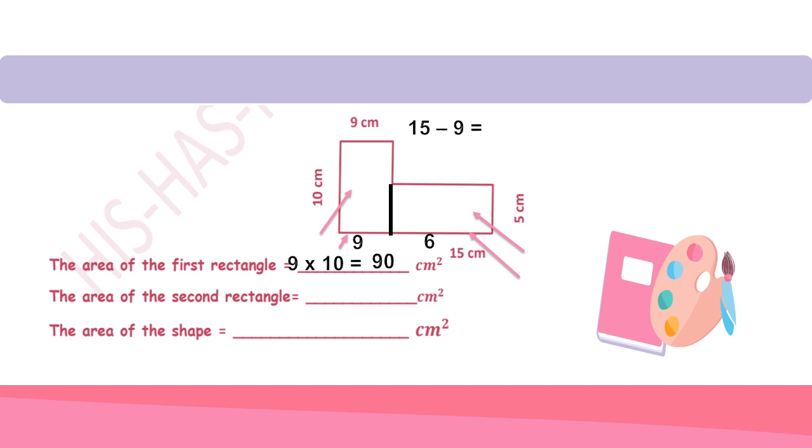The length and the width here are 5 and 6. So 5 by 6 equals 30. Excellent. Now I can get the area of the whole shape. I will add 90 plus 30 equals what? 120 centimeters squared. So it's very easy. All I have to do is to make the shape two rectangles. That's it. Let's answer another activity to understand it well.